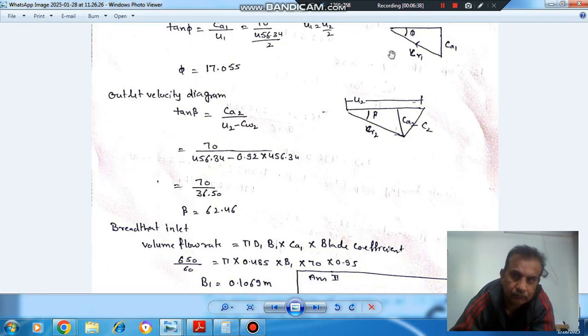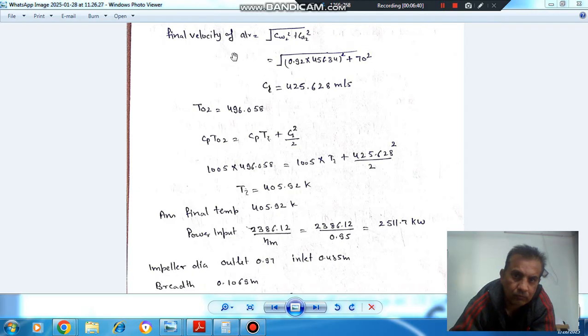Now for the next part, we have to calculate the final temperature of air. The velocity at exit is a combination of the whirl component and the axial component, so the final velocity will be the root of CW2 square plus CA2 square. CW2 we have already calculated as 0.92 into blade velocity, and CA2 is 70. So C2 comes out as 425.628 meter per second, and T02 we have calculated.